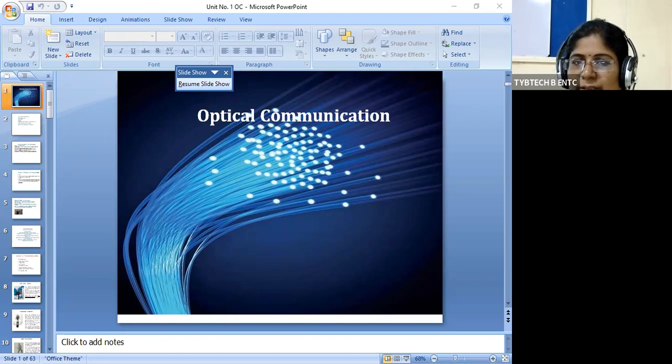So then next is immunity to radio frequency interference. Fibers have excellent rejection of radio frequency interference caused by radio and television stations, radar and other electronic equipment. So is radio frequency range high or low? I have told you previously also.